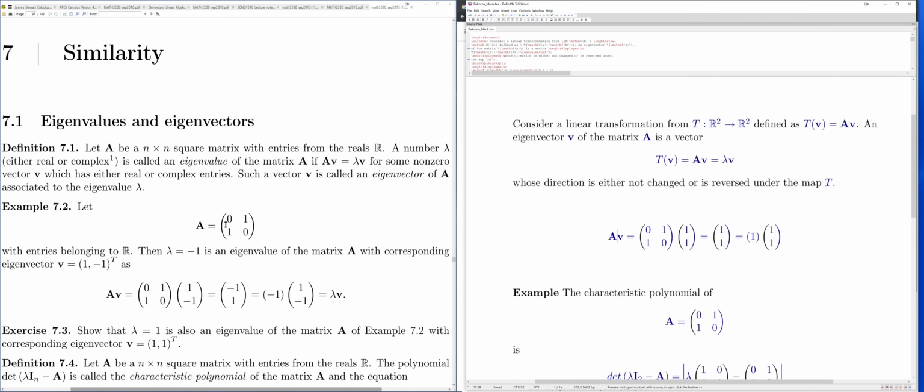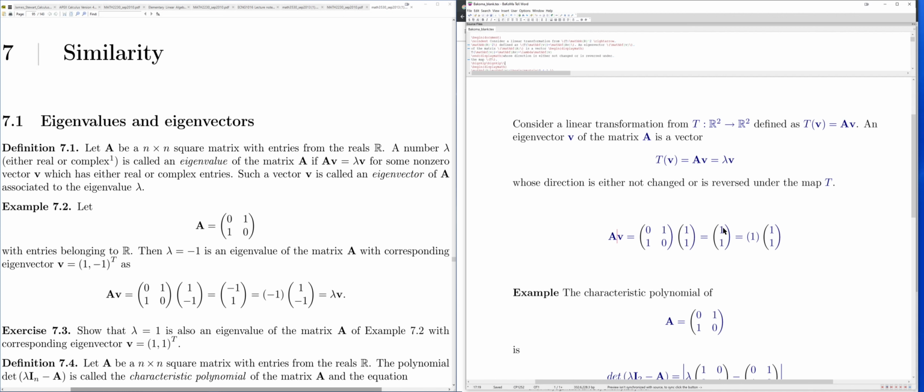Alright, for this same matrix A, let's see if you can get a second eigenvector that's not parallel to this (1, -1). Let's try this (1, 1), which we found from the software. If I work out A times v, A is [[0, 1], [1, 0]] and v is (1, 1).